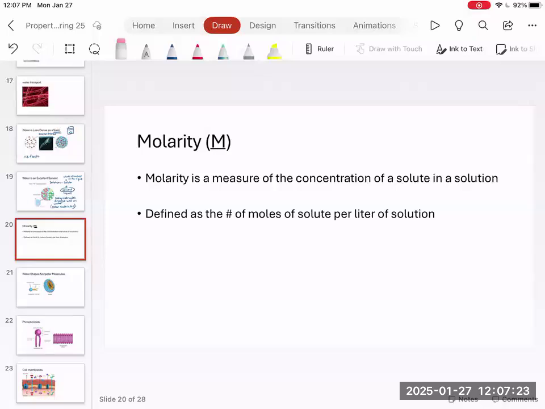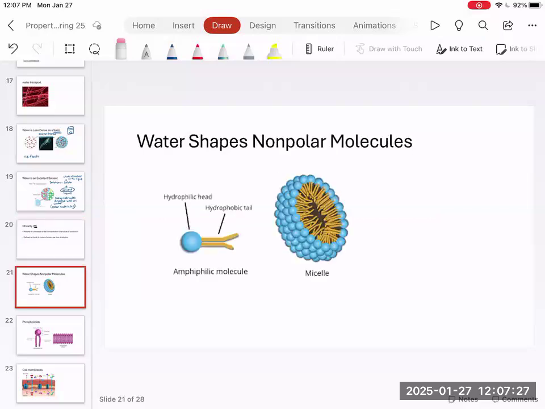Okay, the next property of water. This one is a little harder to explain, but it is incredibly important in understanding cell membranes. Cell membranes are mostly made up of a molecule called a phospholipid, and those phospholipids have some unique chemical properties.